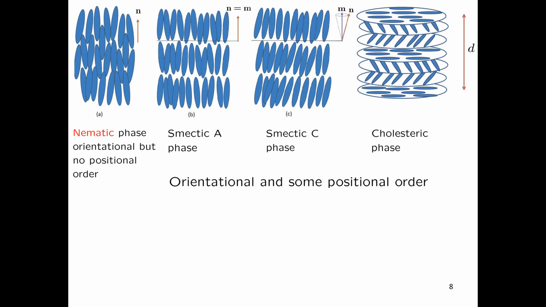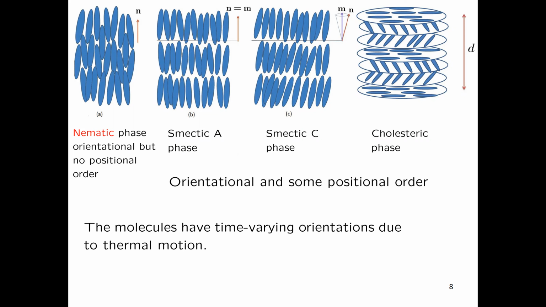Now these three phases, the two smectic phases and the cholesteric phase, have orientational and some positional order because there are these layers. And the molecules, of course, are not static. They're jiggling around under thermal motion, so they have time-varying orientations.